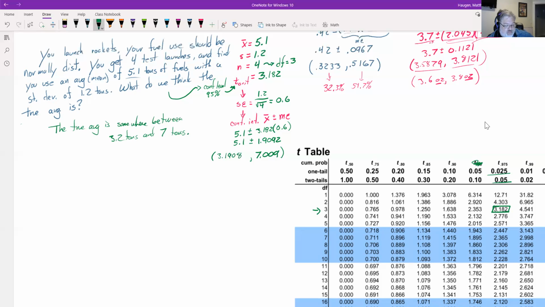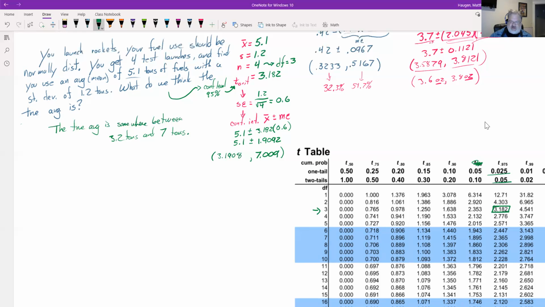So if you're going to try to budget as we use this rocket, how many tons should we budget for on average? We'd like to budget for the 7 tons, just to make sure. The budget office would like us to budget at the 3.2 tons, and we argue between ourselves. Ideally, as we do more launches, we'll get more data, and we can redo this every time we do a launch.